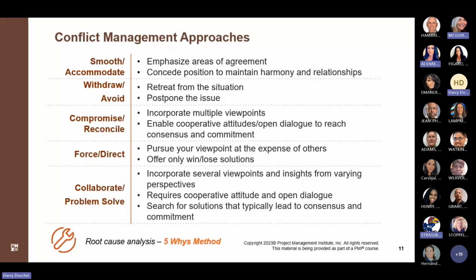This is what you'll be doing 99% of the time. Okay. Boy, if you try to force your viewpoint on the entire team, you're not honoring why the other team members feel the way that they do about that issue.